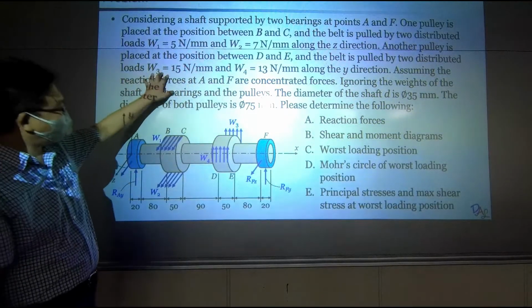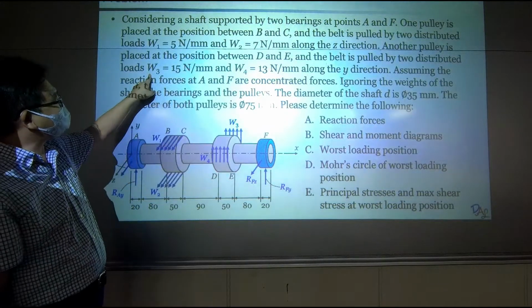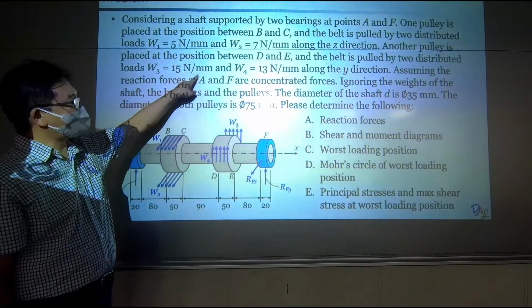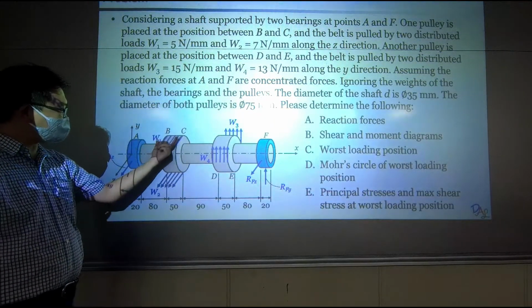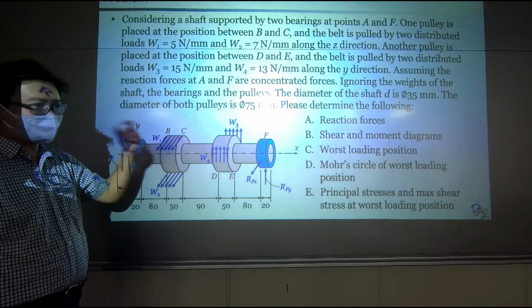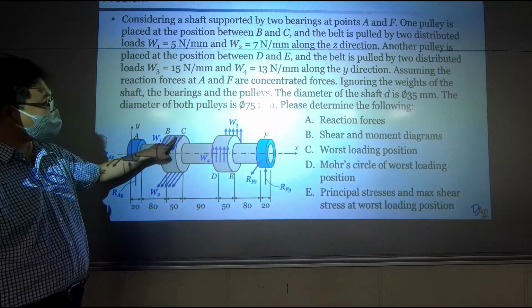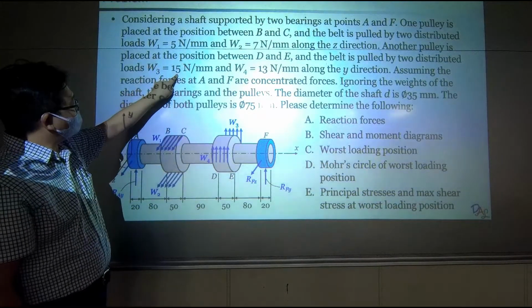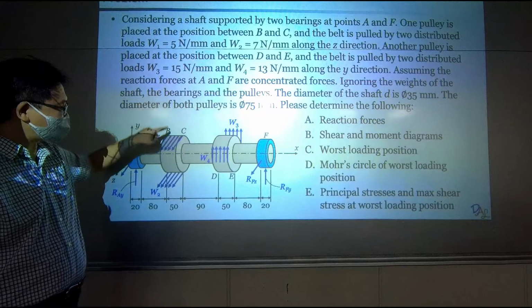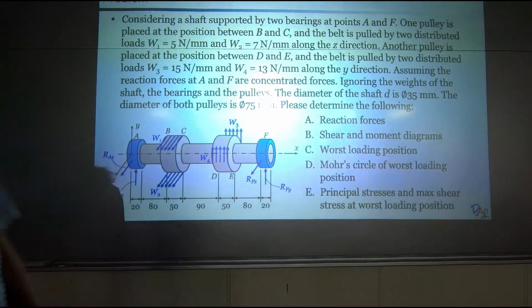So the way this problem is describing the distributed load is to provide you Newton per millimeter unit. So if you want to calculate the overall load concentrated at one position, you need to multiply, use this linear load multiplying the width. So that's something people may forget.